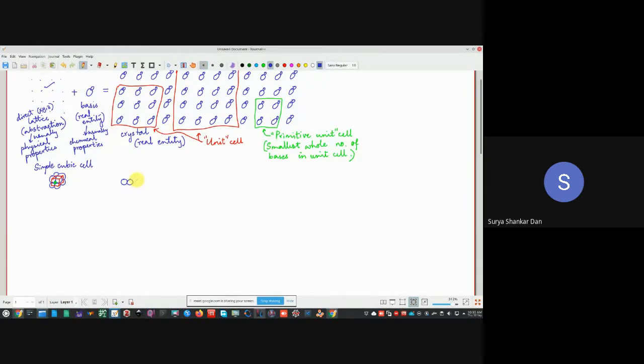It is difficult to show in 3D, which is available on that animation. When I'm drawing it, the first simple cubic was like that. As you can see, diamond-like structures, which is a very bad way of putting it. So let me draw another layer, it will become easier for you to understand.